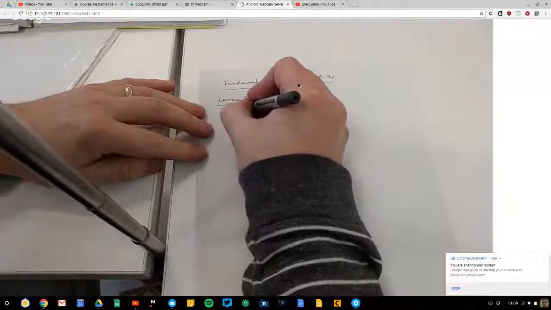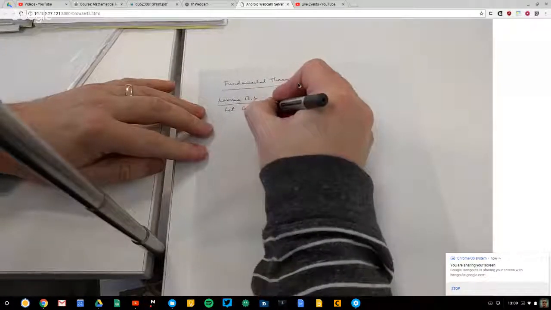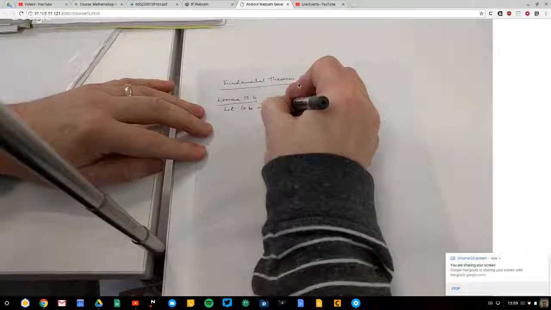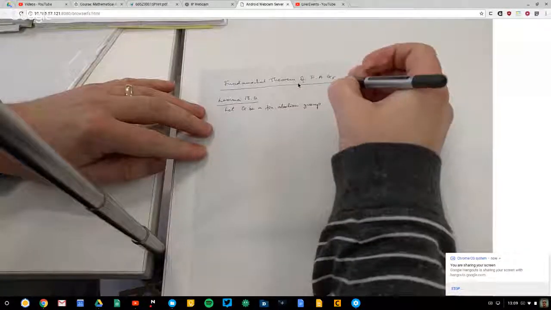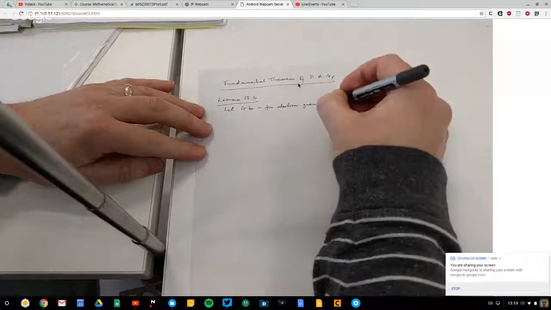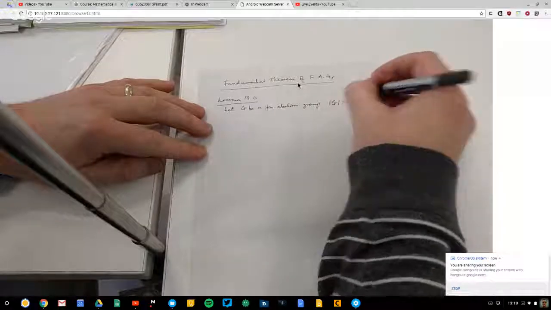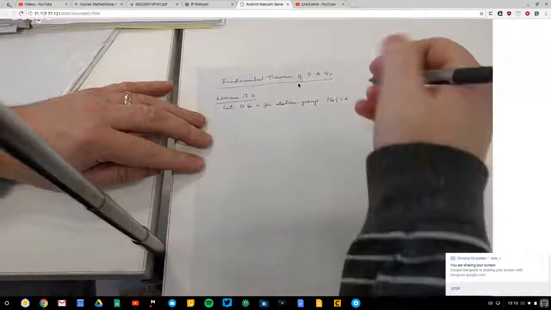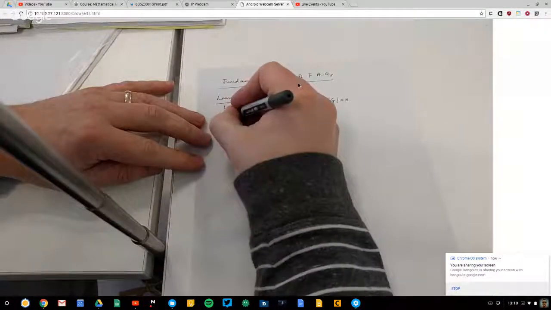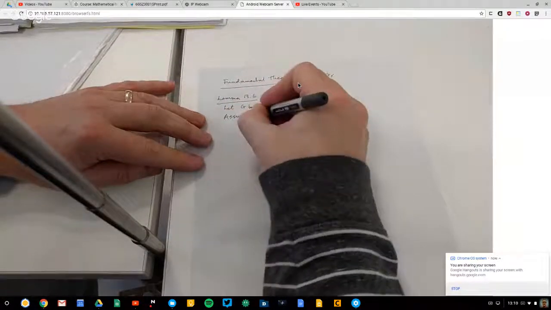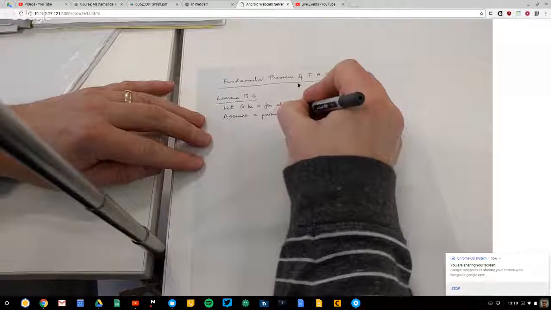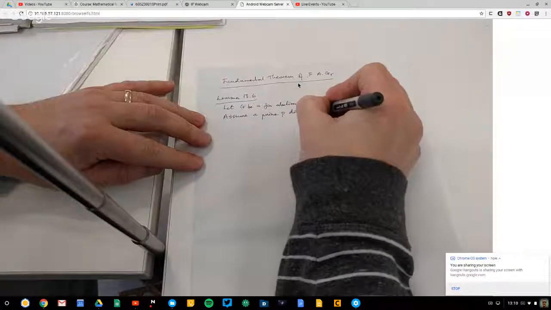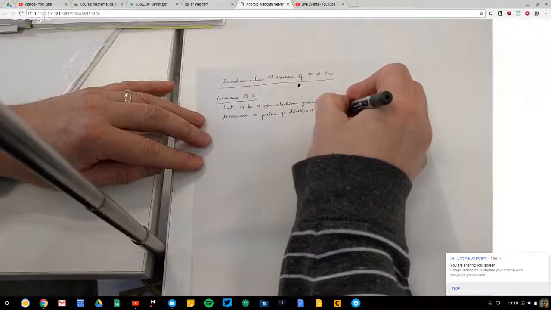So we let G be a finite abelian group of order n, so we have the order of G equals n. And we assume that prime P divides n. So you've got P dividing n.